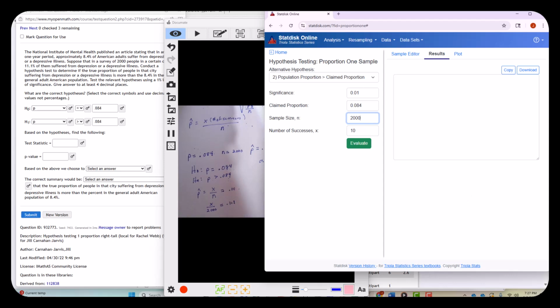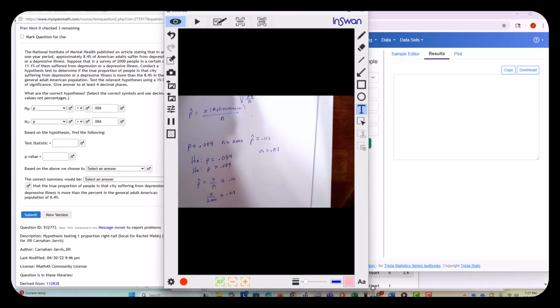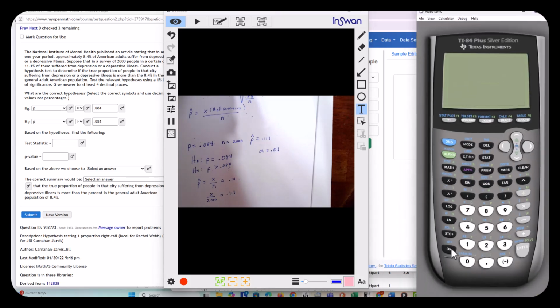So let's bring up the TI. You cross multiply, so it's basically just 0.111 times 2,000.